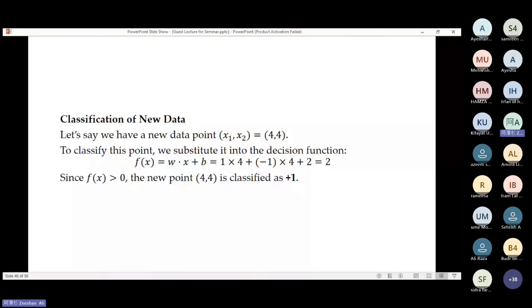Okay, it's a very good question. Actually, for us, it is very easy. If we consider 2-dimension, 3-dimension, or 4-dimension data, we can easily evaluate it with the help of f of x.